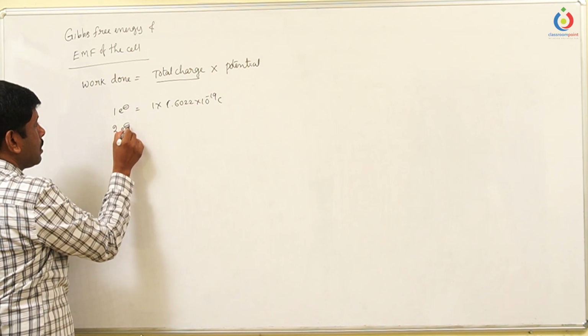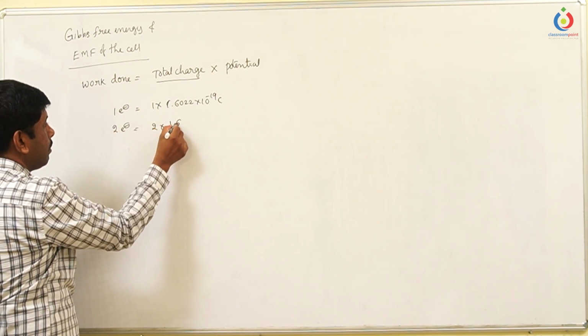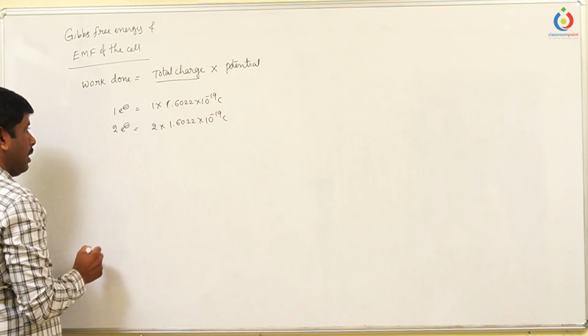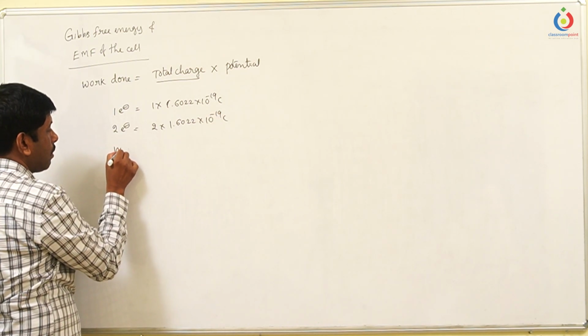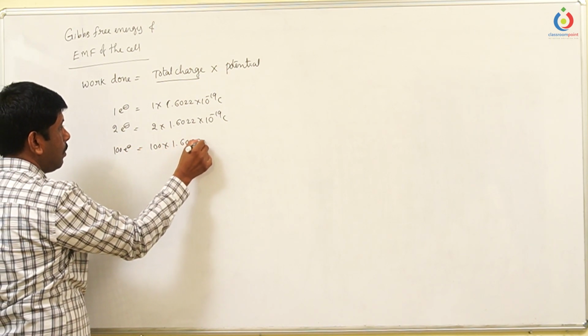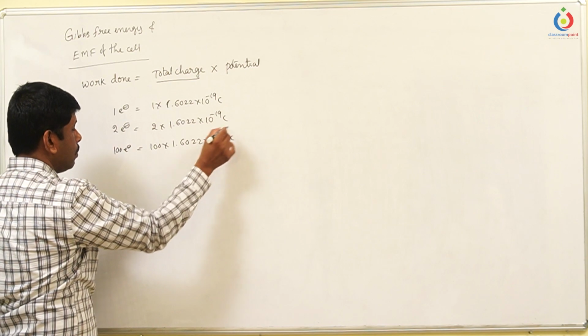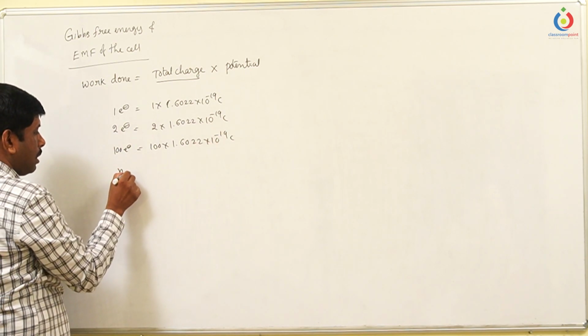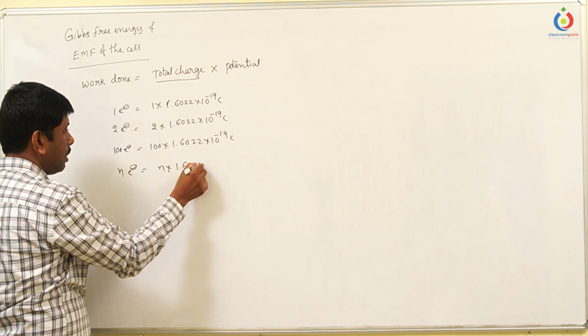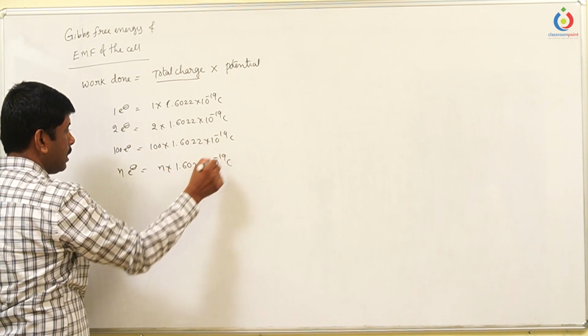If 2 electrons are taken, 2 into 1.6022 into 10 power minus 19 coulombs. If 100 electrons are taken, 100 into 1.6022 into 10 power minus 19 coulombs. Similarly, if n moles of electrons are taken, then n into 1.6022 into 10 power minus 19 coulombs.